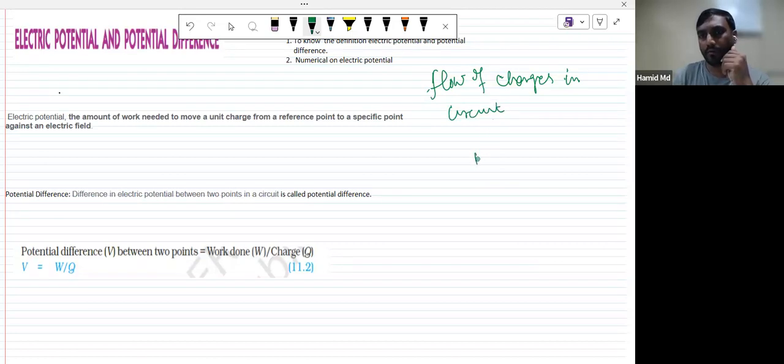Suppose we have a resistance, or you may say we have a bulb, right? Yes. So we have not connected this bulb to a cell, it is open. Yes, sir. So can you say that the bulb will glow?